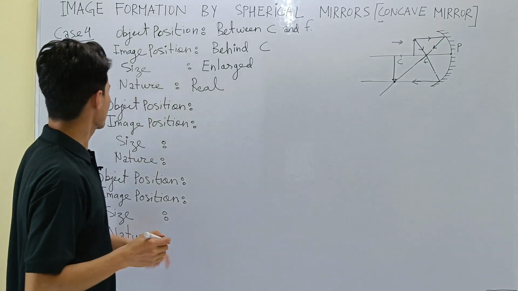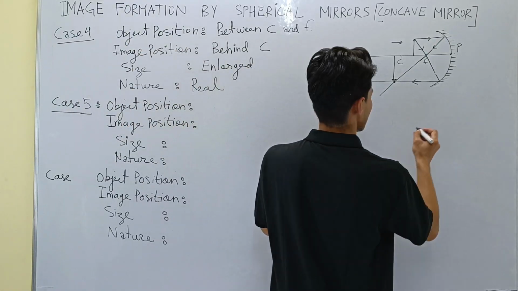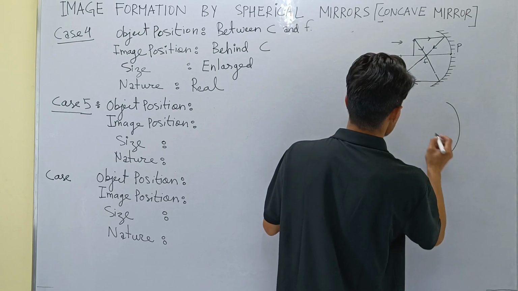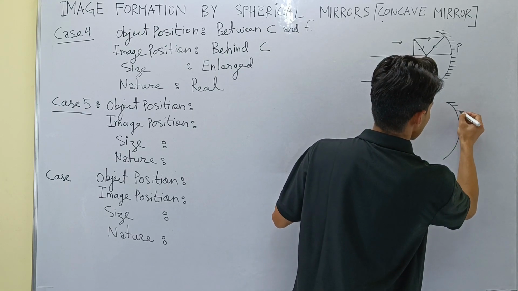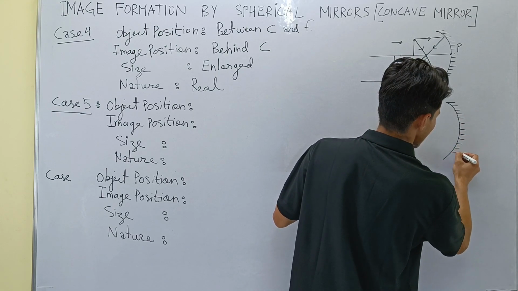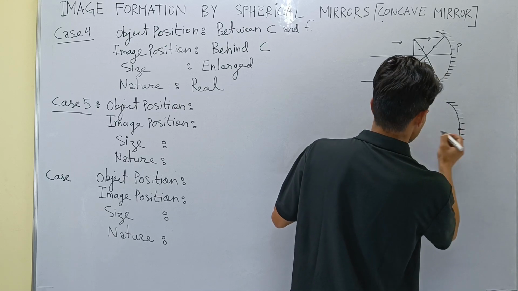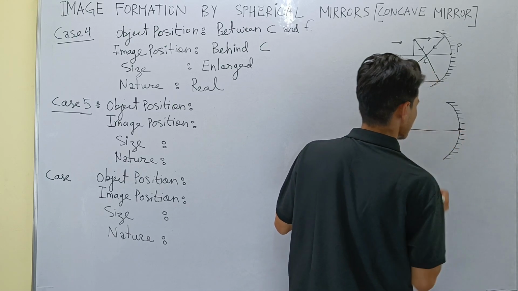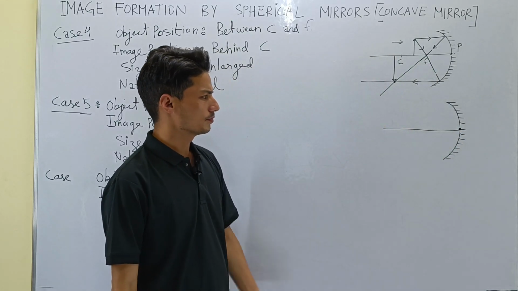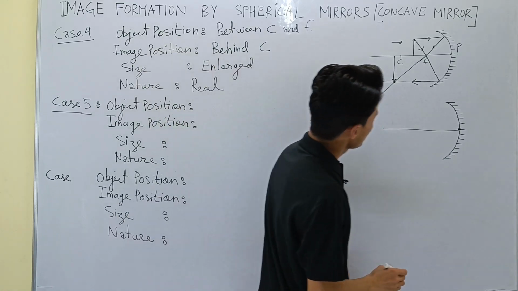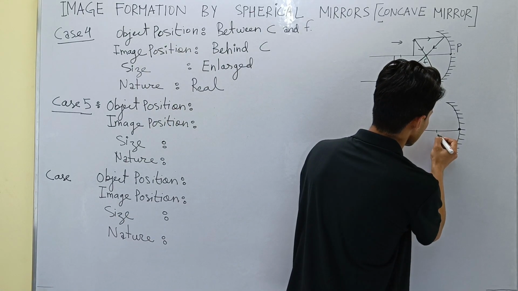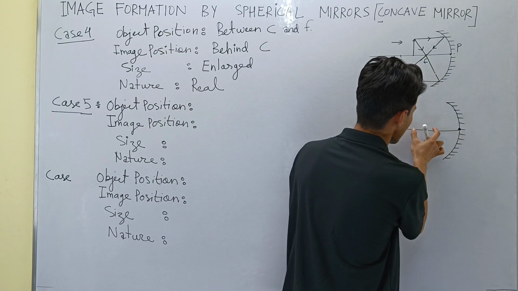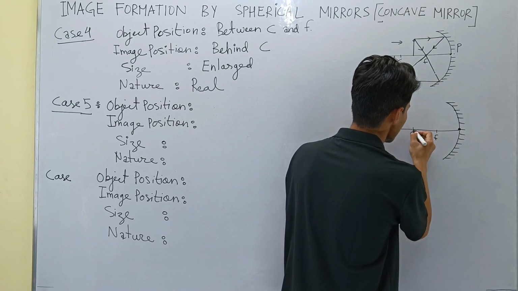Now case 5. Let's draw case 5. So let's do the ray diagram here. Now the principal axis is here. Now let's mark the focus, and taking the same thing, my C is here.